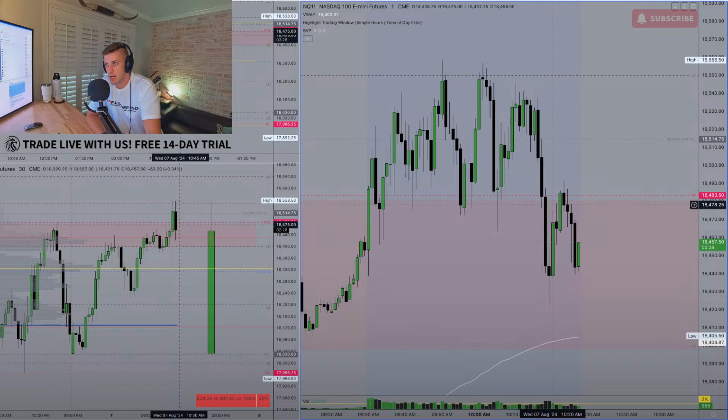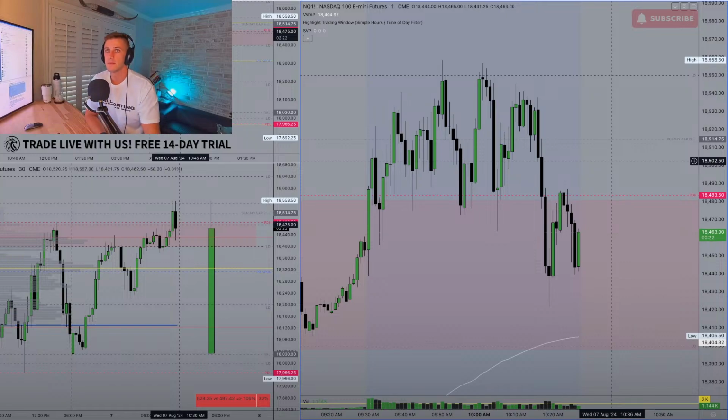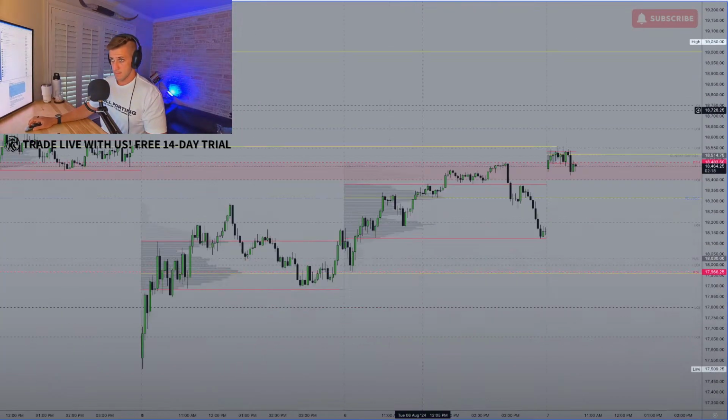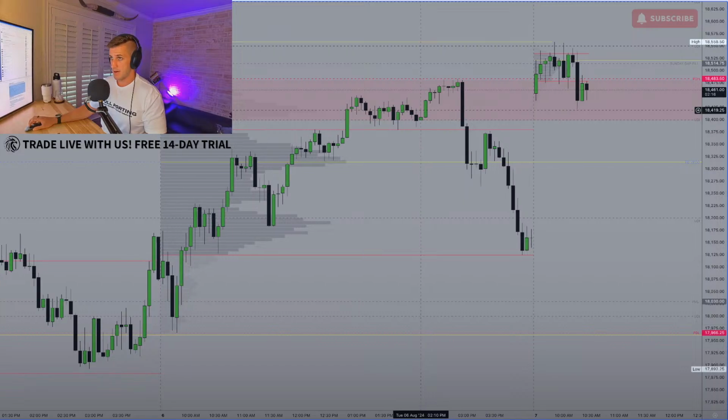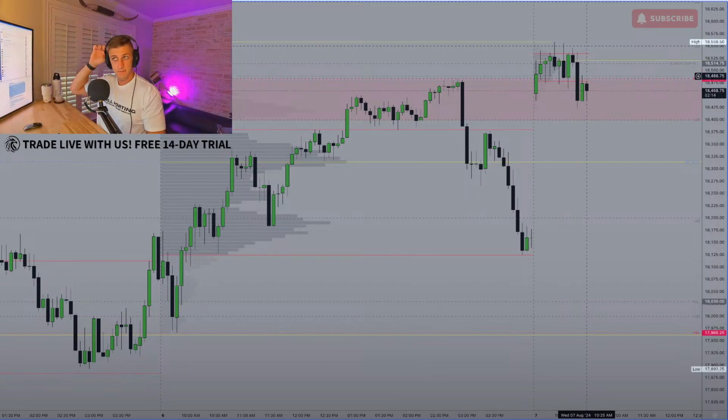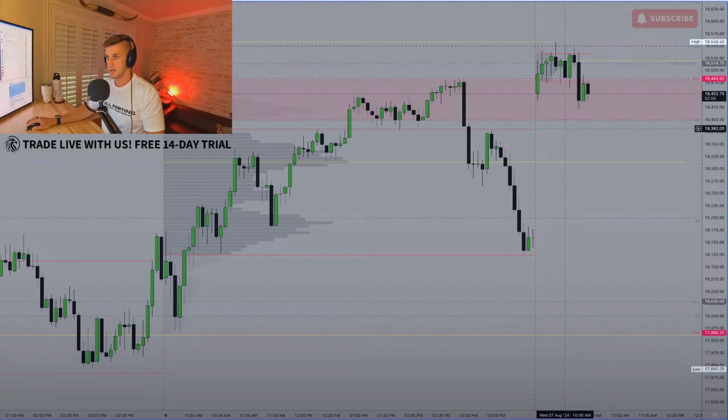Breaks below, then acts as resistance. Gap higher for the most part is held. If we do see fresh lows through here, through 400, you may see that gap fill.